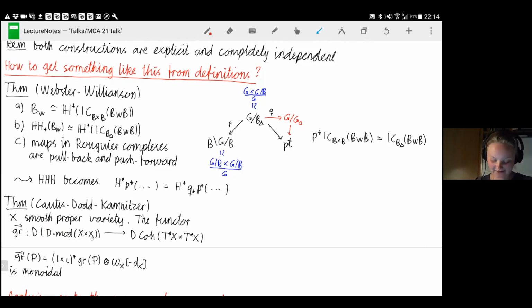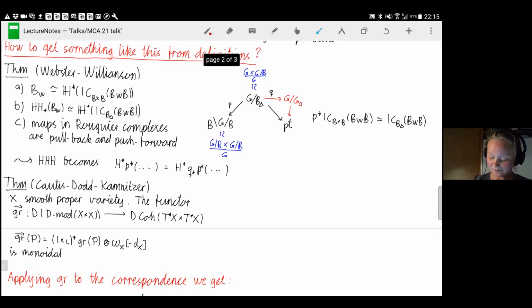The thing is, I need a D module which comes equipped with a filtration, but for the purpose of this talk I'm going to completely ignore that and just say that this kind of functor exists. Also I need not exactly this functor but a G-equivariant version of it, but that can also be dealt with. I just stated the version that appears in the literature, but it can be extended to what I need to do.